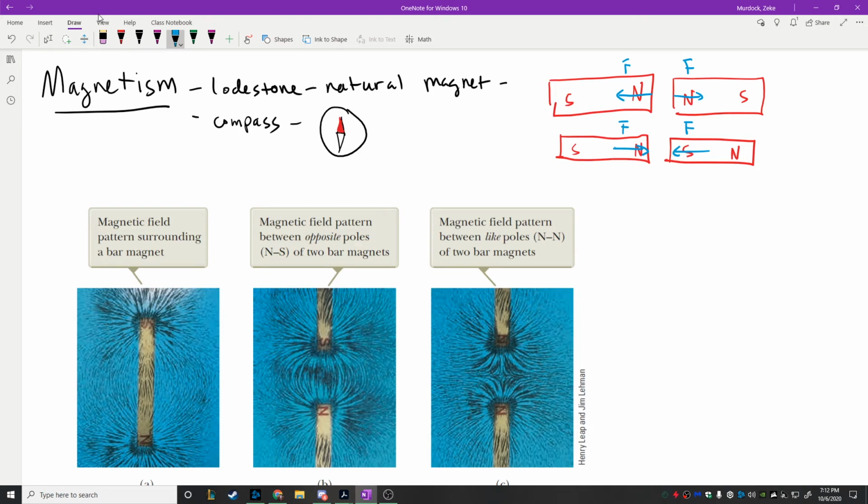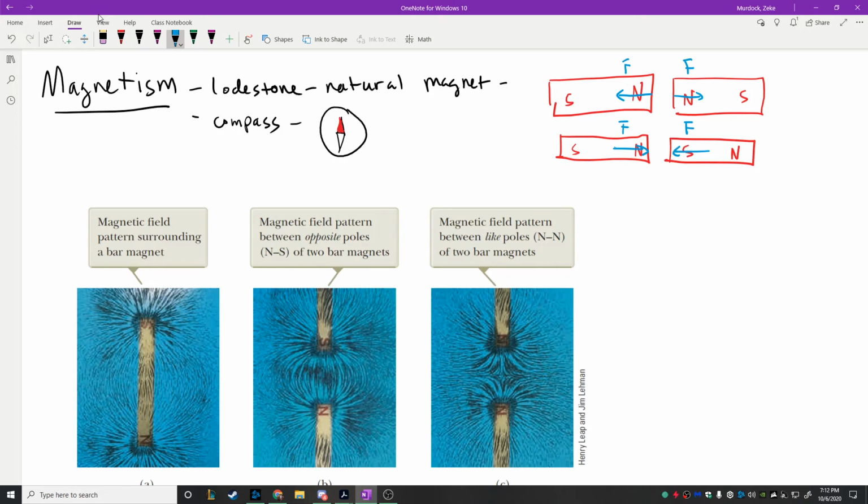The strength of the force in this case is related to the distance between the two, though. The closer together the north poles get, the stronger the force becomes. The farther apart they get, the weaker the force becomes.